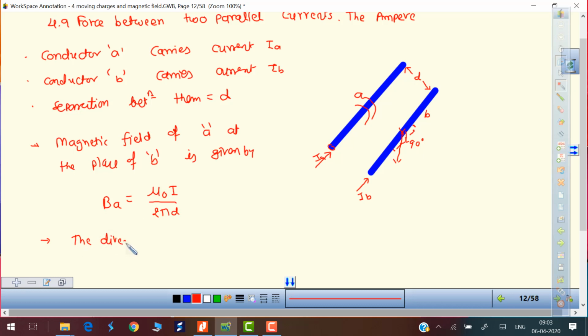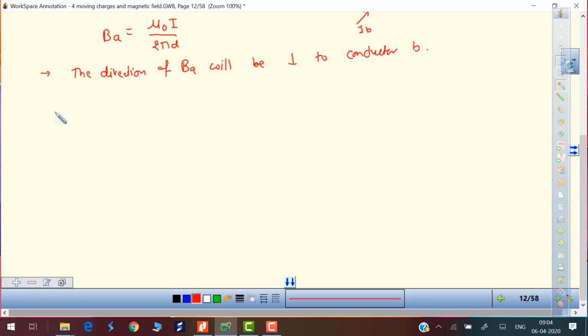Okay, the direction of BA will be perpendicular to conductor B. Okay, conductor B, downward.